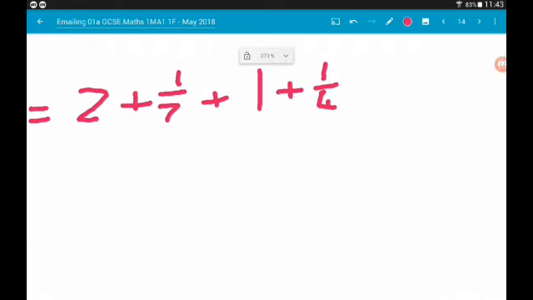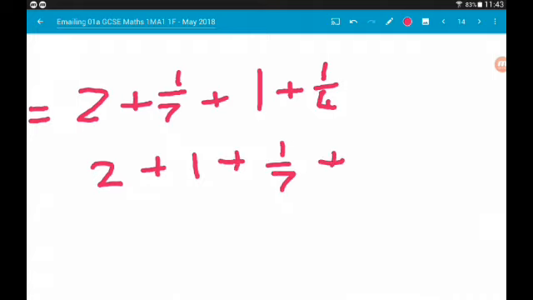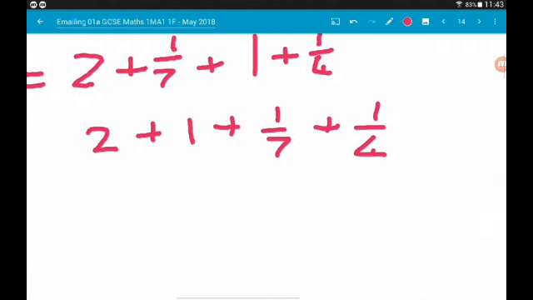So, here then we've got 2 add 1, that's our whole pizzas, add 1/7, add 1/4. So 2 add 1 is 3. And then we need to add the fractions. So again we're going for 28. So 1/7 is 4/28.